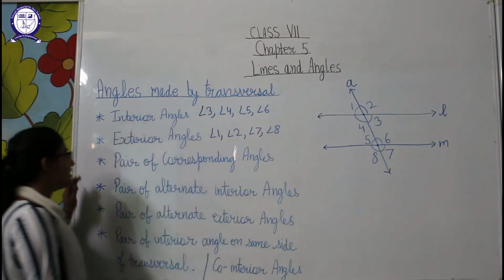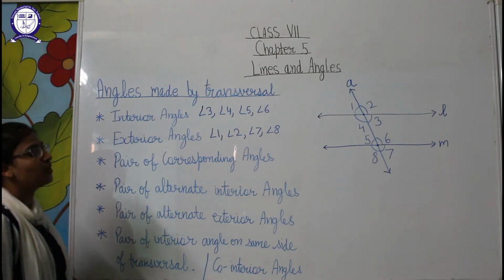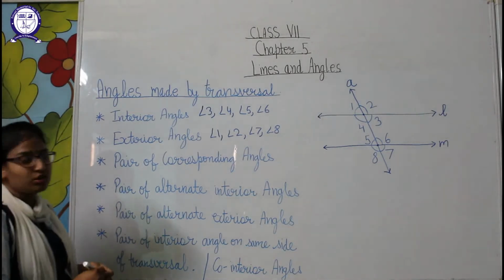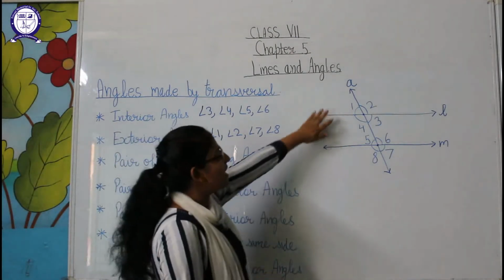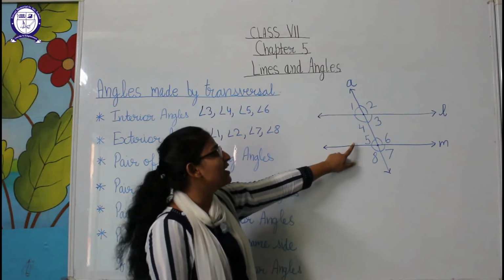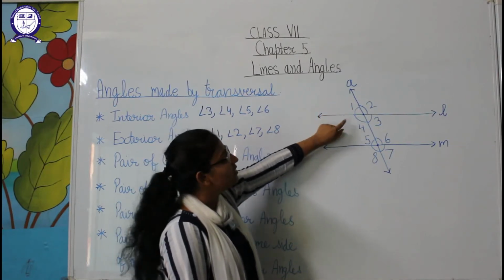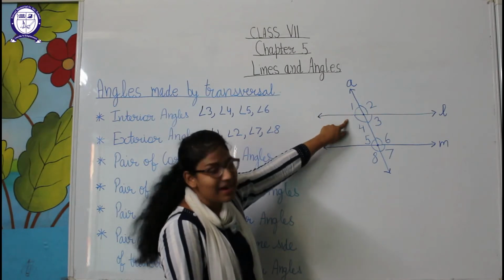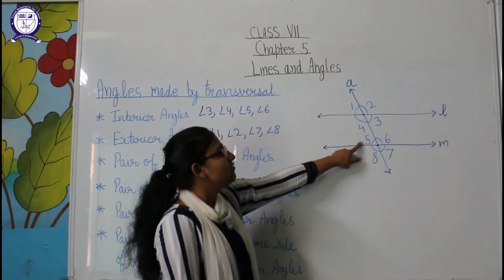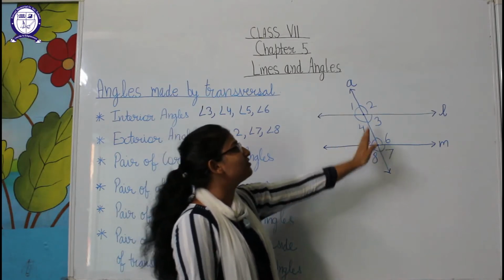Okay. Now next type of angles are pairs of corresponding angles. What are corresponding angles? Here angle 1 and angle 5 are corresponding angles because they are on the same part, the upper part of the line. This angle 1 is on the upper part of L and this 5 is on the upper part of M, and also they are on the same side of the transversal.